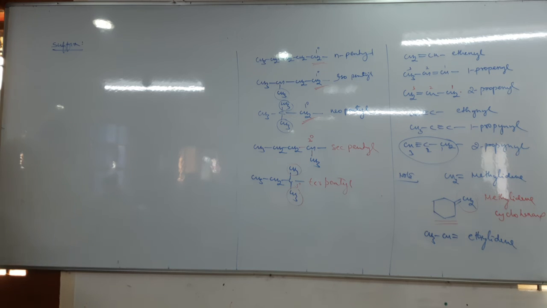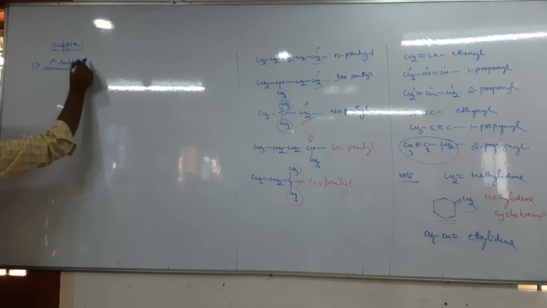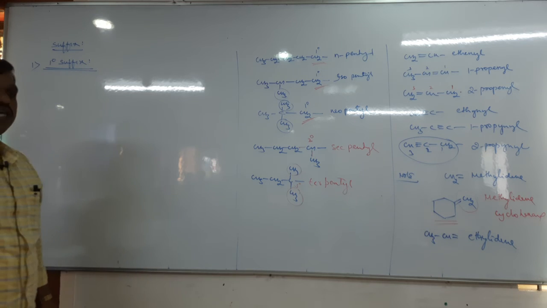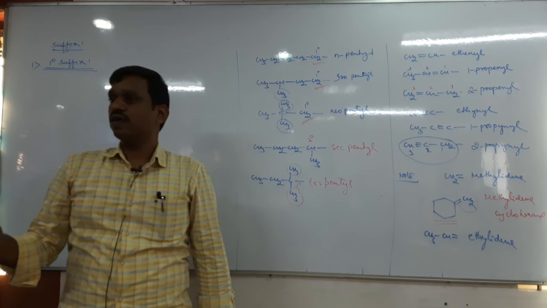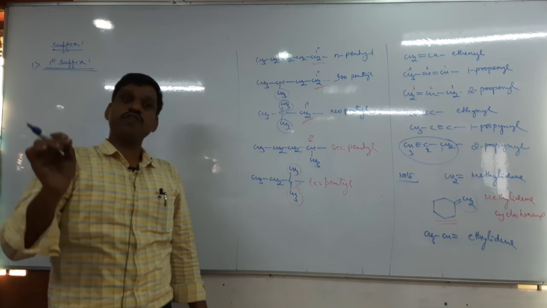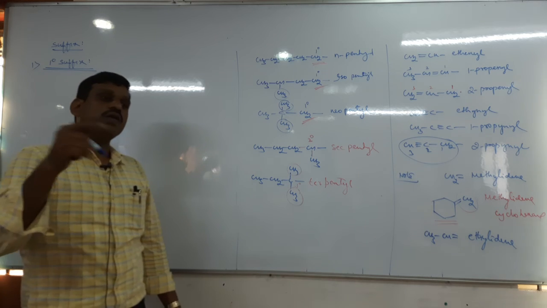Suffix. Right. So what is suffix? It is of two types, right? What are the two types? One, primary suffix, and two, secondary suffix. Let us take the primary suffix. Tell me, what does the primary suffix indicate? The primary suffix indicates the nature of the carbon-carbon bond, whether it is a single bond or double bond or triple bond.